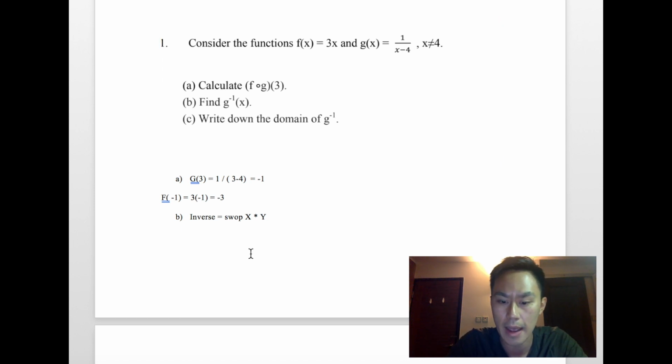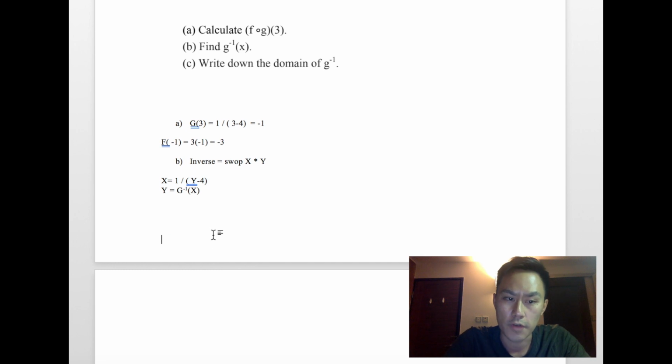So now it becomes x equals 1 over y minus 4, because I'm swapping my x and y, and we assume that y is equal to g inverse of x. Do you get the idea? Let's work on this equation. We just need to rearrange and make y the subject.